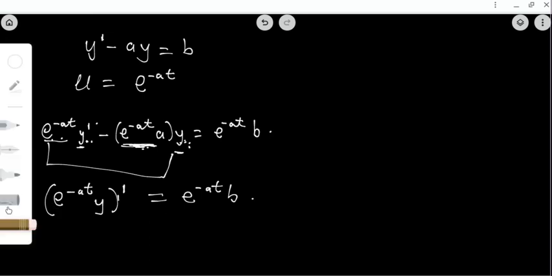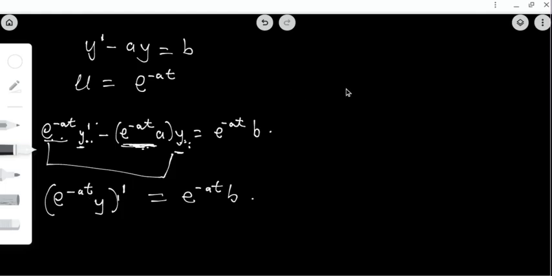Please, boss, your last equation, what happens to the A? Or do you ignore it? Which A? That A. You see, this A, it is inside here.